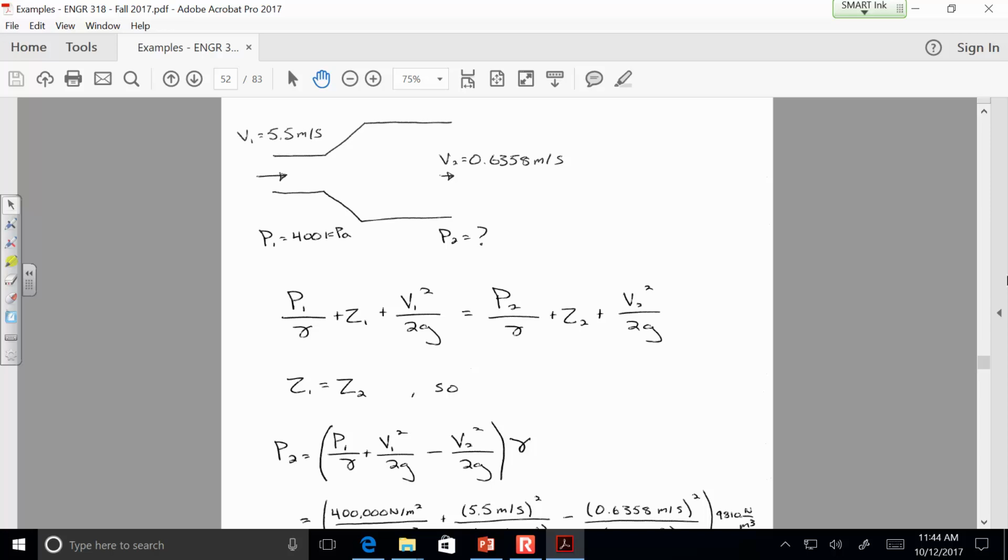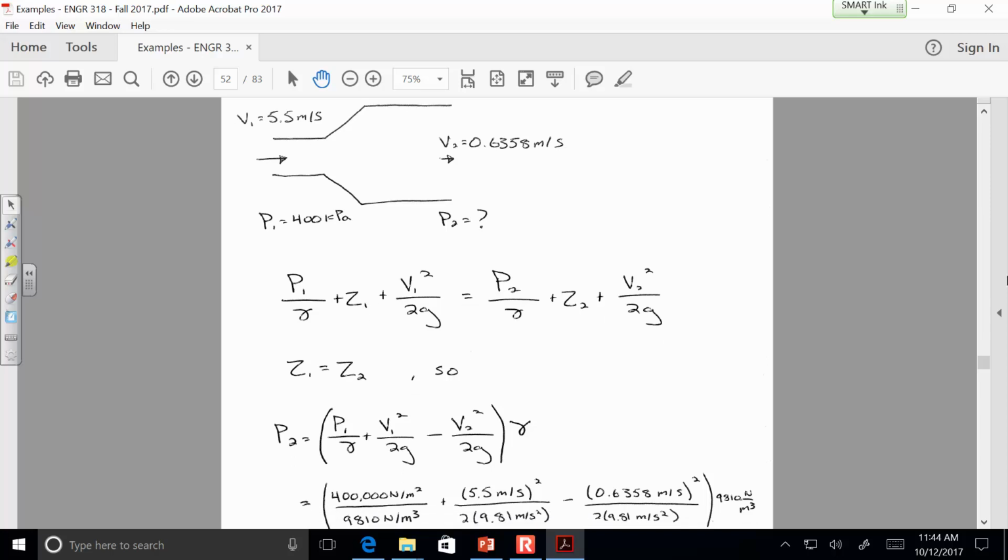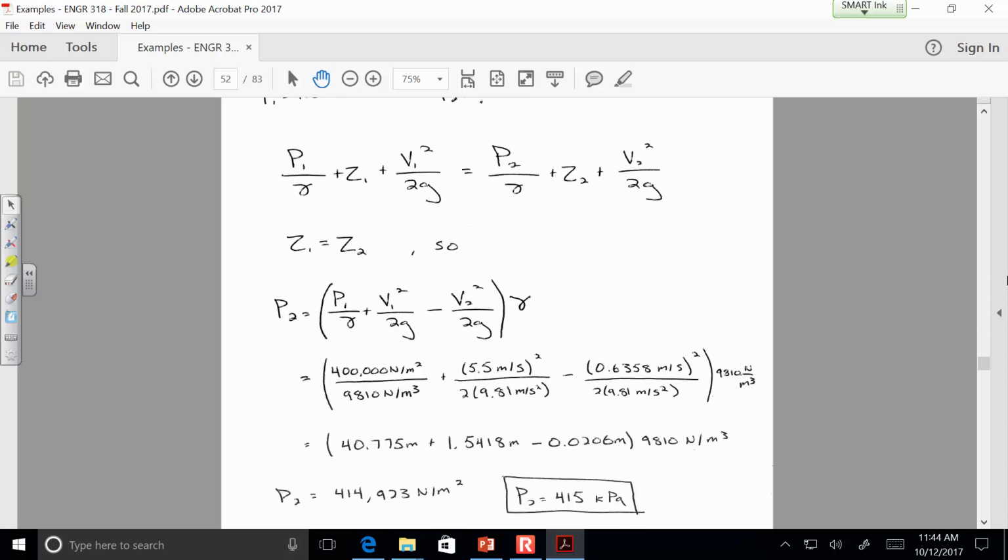If you just divide each term by gamma, then that's how you get the equation that's in terms of head. Yes, you will get the same answer if you did it this way versus the other way. Are there other questions related to this first example?